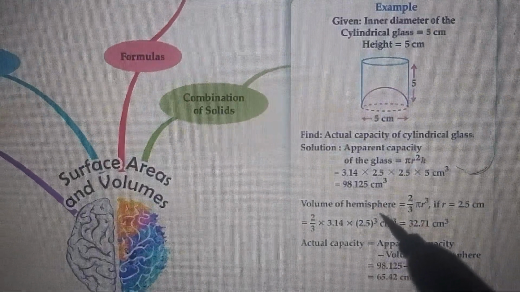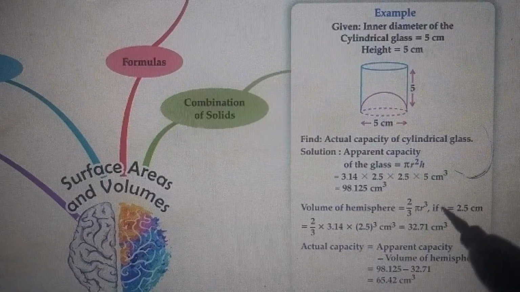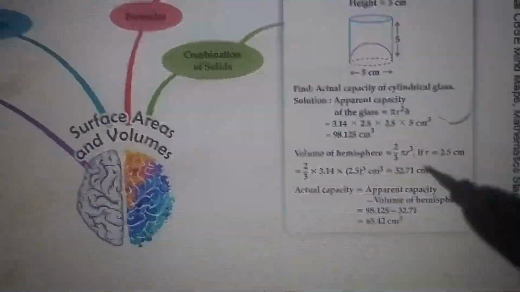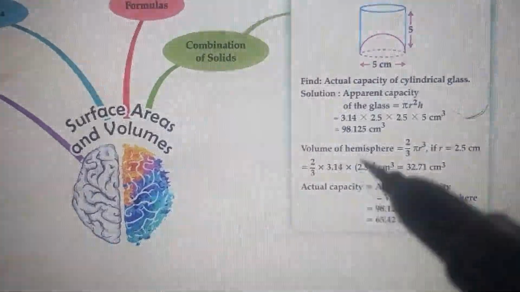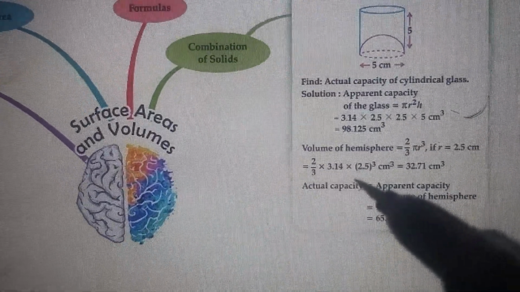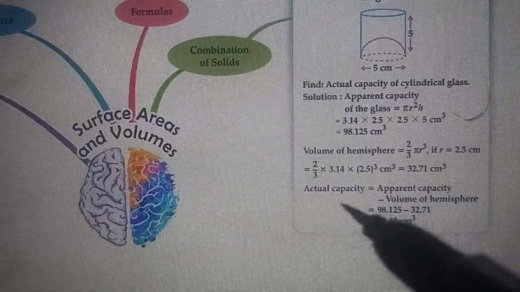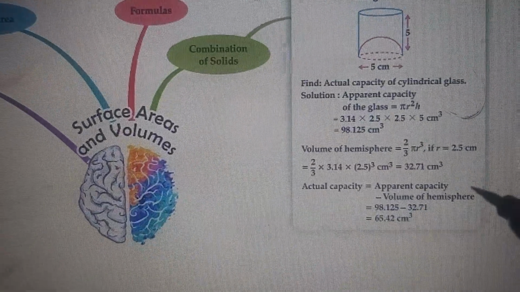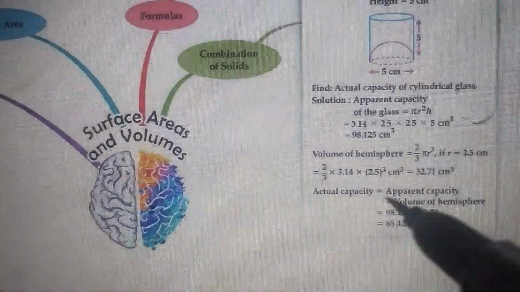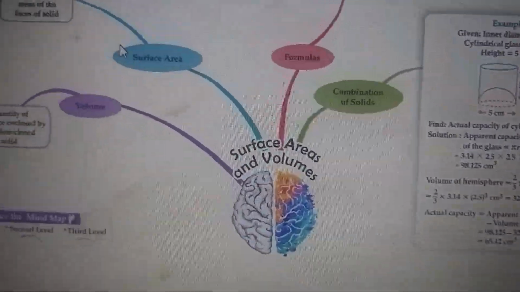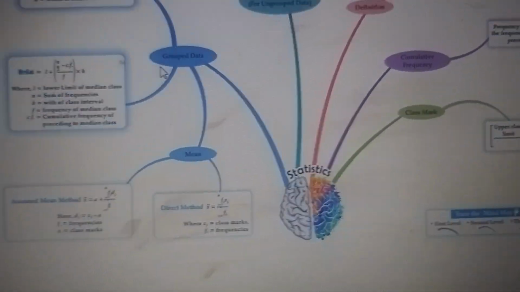The volume of the hemisphere is 2 by 3 pi r cube, where r is 2.5, so 2 by 3 into pi, where we always use the approximate value 3.14 in problems. The actual capacity is the apparent capacity minus the volume of the hemisphere. We have so many problems like this in your textbooks, so practice problems on volumes and areas.